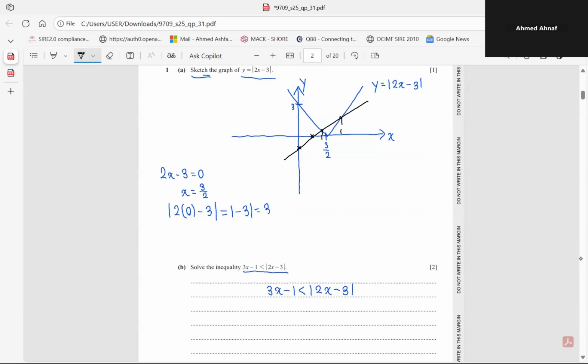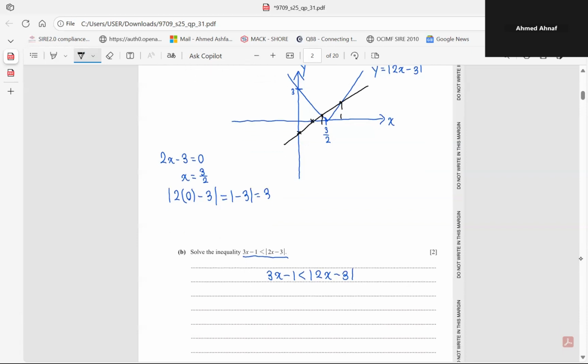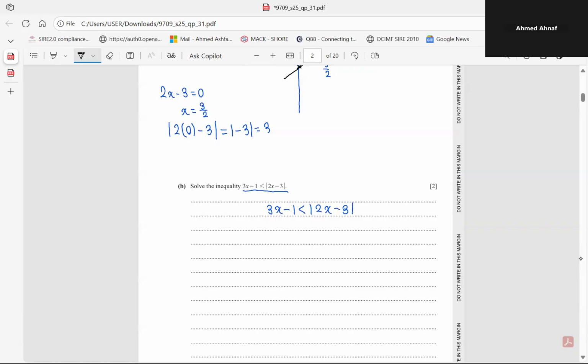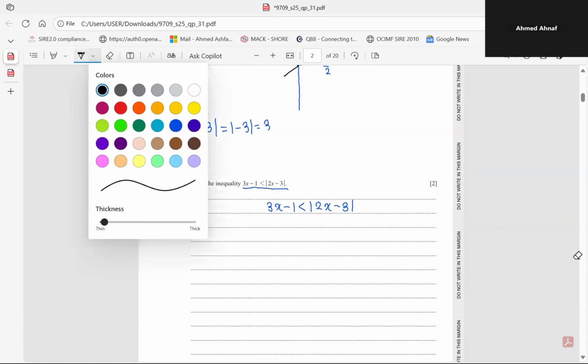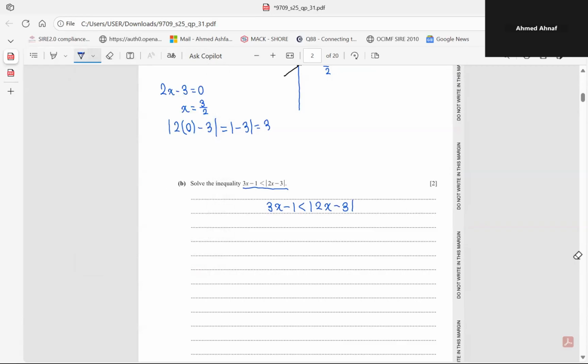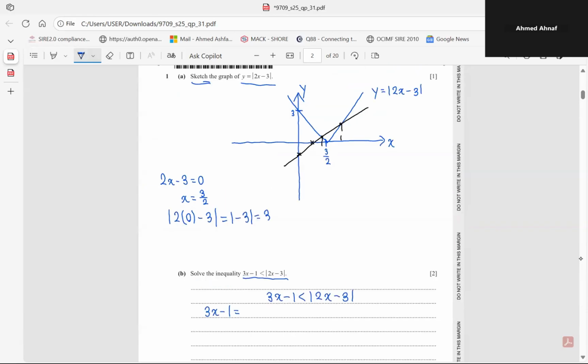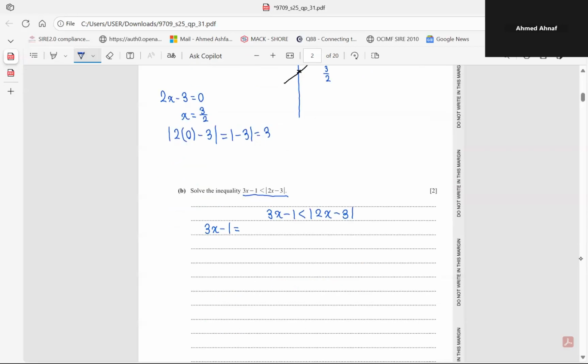Okay, so for the first point, we're just going to equate 3x minus 1 to the original curve, which is the one on the right, the original curve, 2x minus 3.